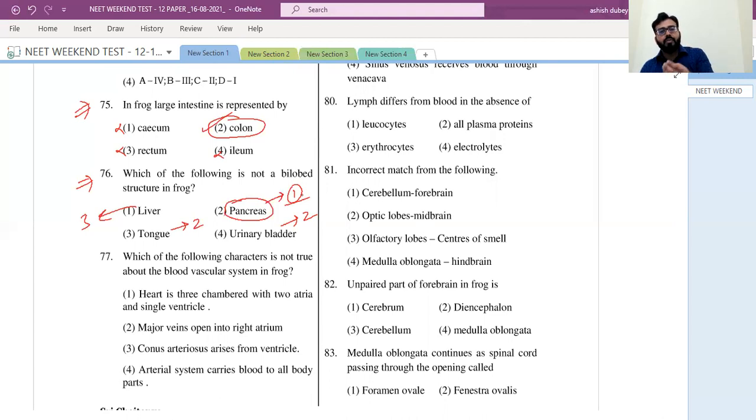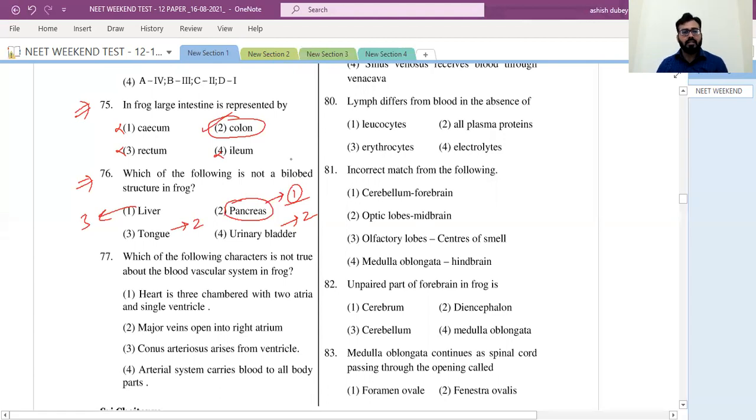It is not having 3 lobes, 4 lobes, or anything. It is a unilobed structure. If you argue that sir, liver has 3 lobes in case of frog, and that's why liver can also be the answer, actually sometimes we have to give priority to the more correct answer. So it will be the pancreas only.